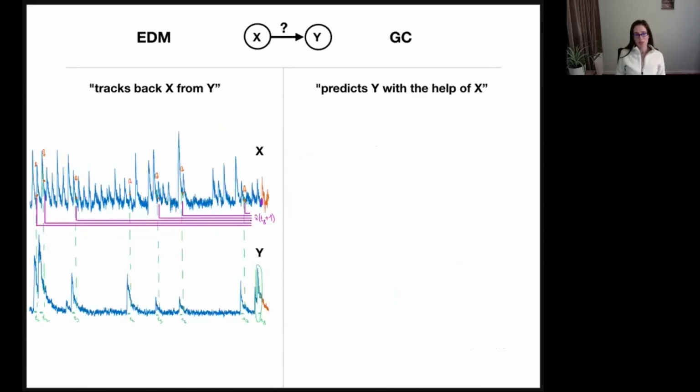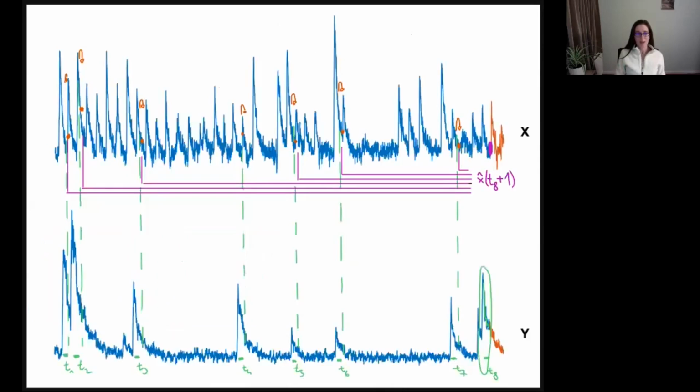If you want to test whether X causes Y with EDM, you estimate X based on times when Y produced repeating patterns. Let's look at how this estimation works by demonstrating how this magenta point, which is X at T8 plus 1, would be estimated.